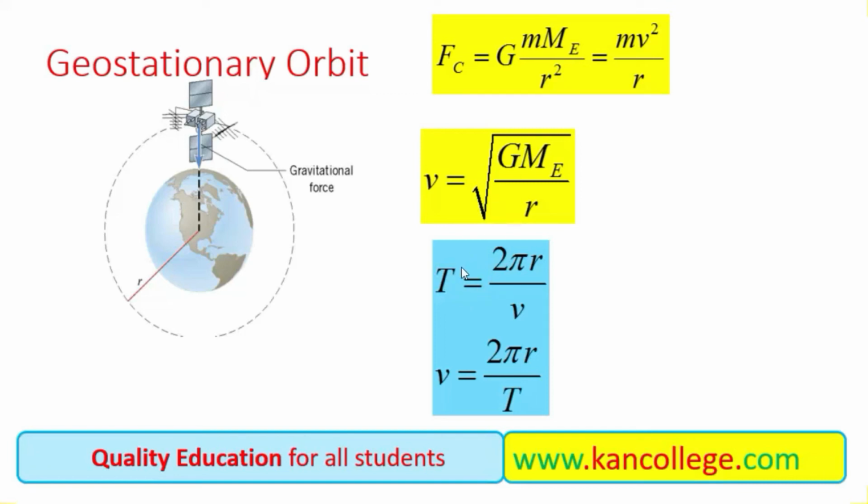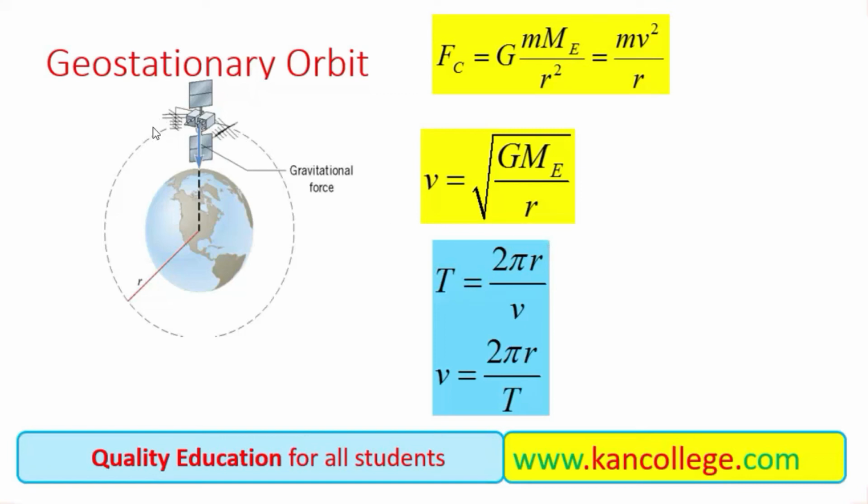From here, we can calculate the time. We know that the total time of the complete round trip can be found by the speed formula, v equal to s over t, so t is equal to s over v, where s is the distance and v is the speed.